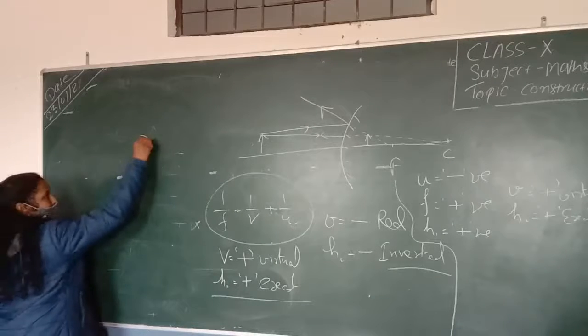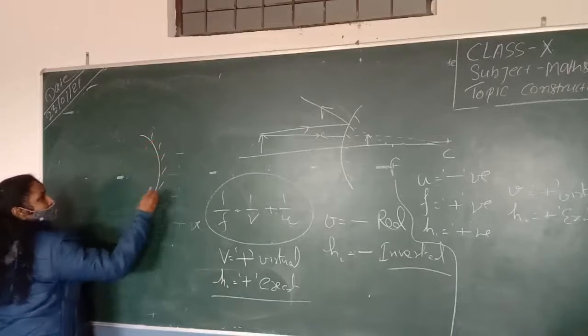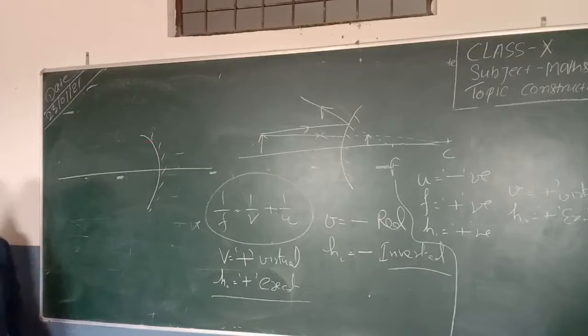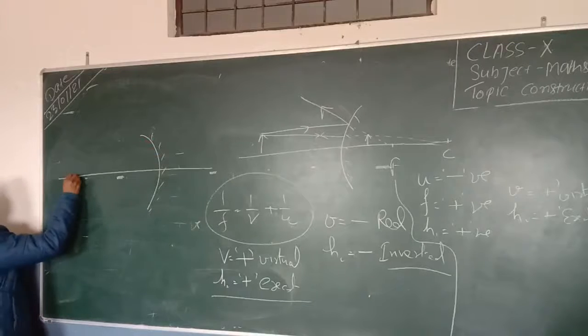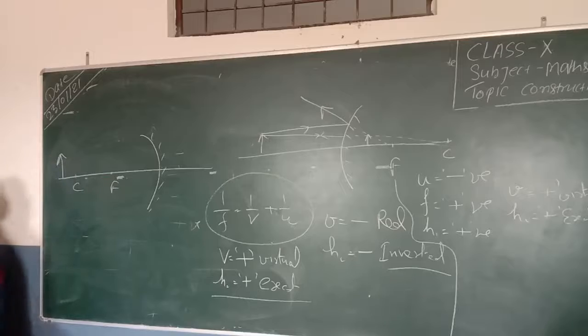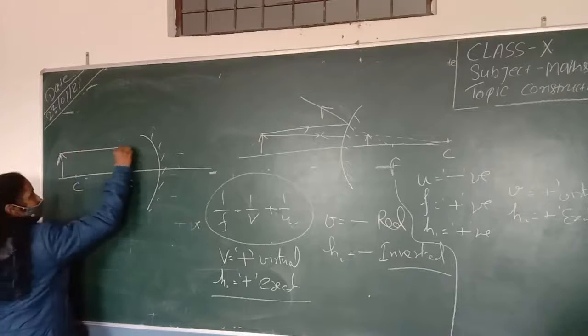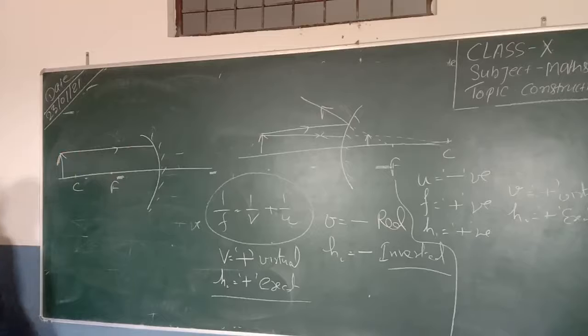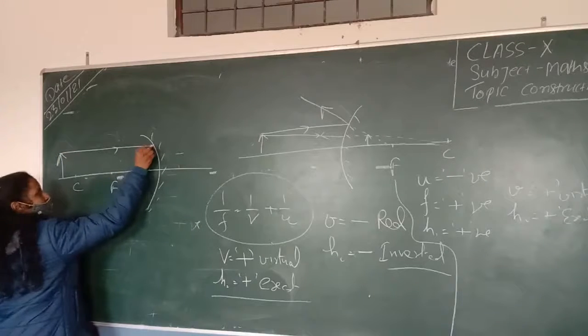This is a concave mirror. Mubin. The ray from the tip which is parallel to the principal axis passes through the focus. Good.